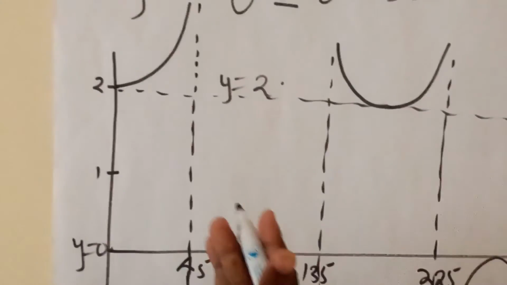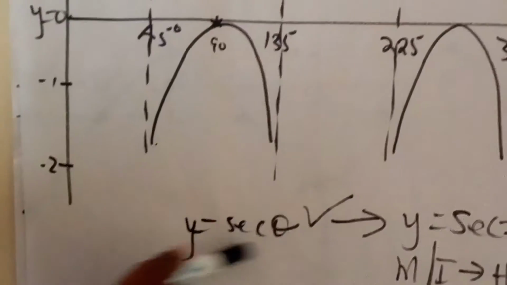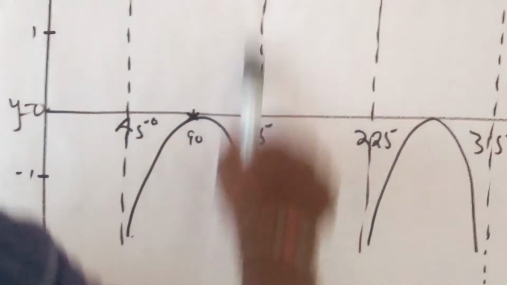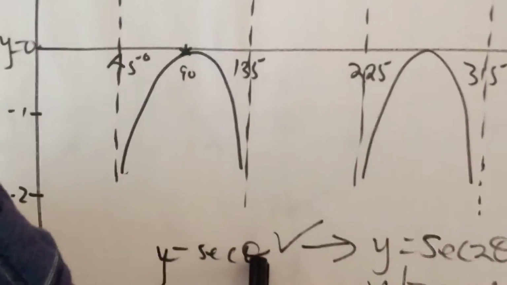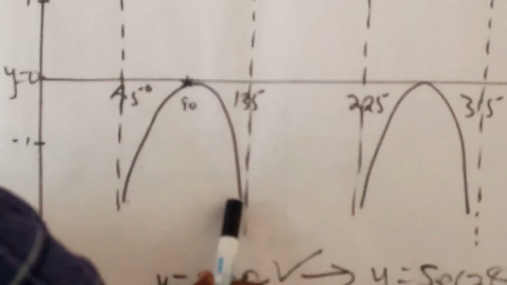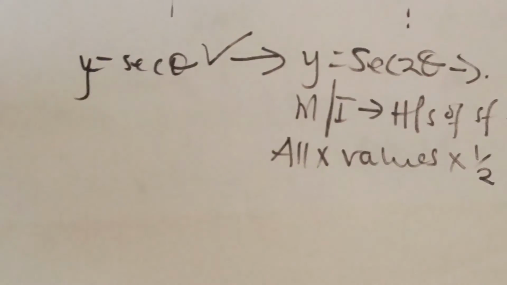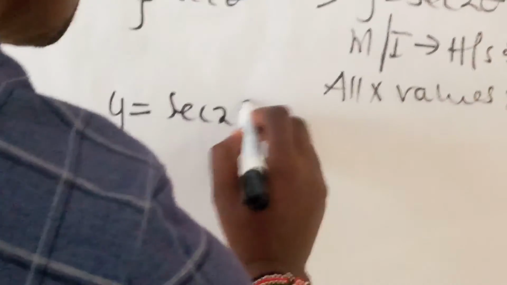And that is why asymptotes were all halved. An asymptote that was originally at 90, when we were dealing with y equals sec theta, was now at x equals 45. An asymptote that was at 270 is 270 times a half, which gives us 135, and it happens so for all the other asymptotes. So at that point, we got y equals sec 2 theta.